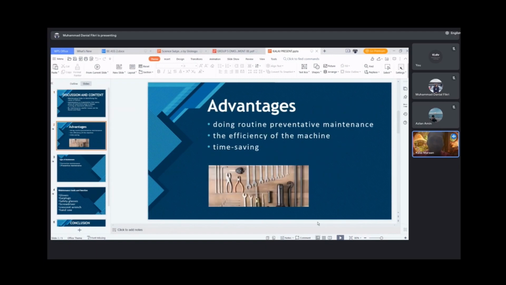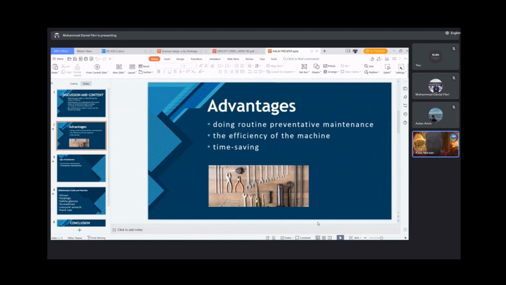After that, the advantage of maintenance. Okay, doing routine preventive maintenance. For example, the benefit of maintenance is the safety of the operator and the machine. Otherwise, it becomes dangerous to the operator and the machine. Minor machine damage must be repaired right away. Next is the effectiveness of the machine.